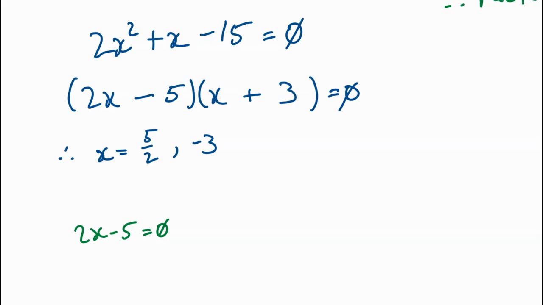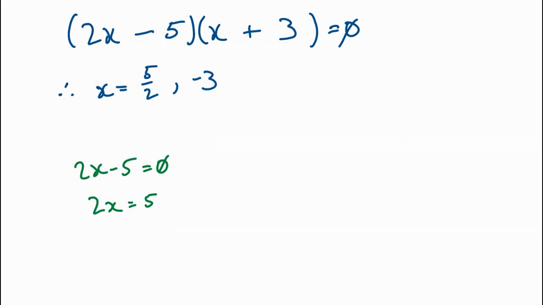You don't want it to be 2 over 5. People do that because they're trying to take shortcuts, and I guess they haven't practiced enough to be able to do it correctly in their head. But it's going to be the 5 moves over and becomes positive, and then divide both sides by 2. That's how you get 5 over 2. But like I say, if you can do that in your head, you don't have to show that step. But of course, it's fine. Good?